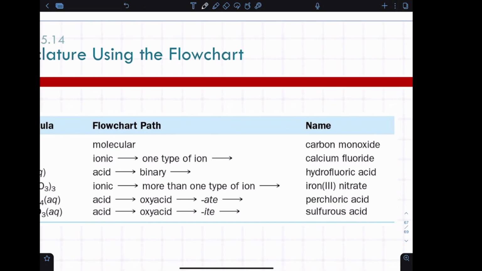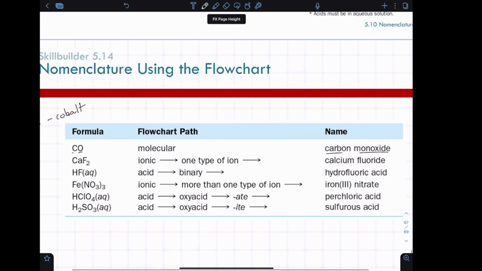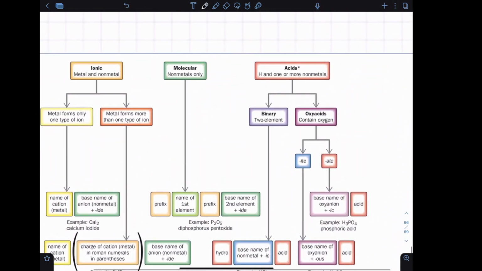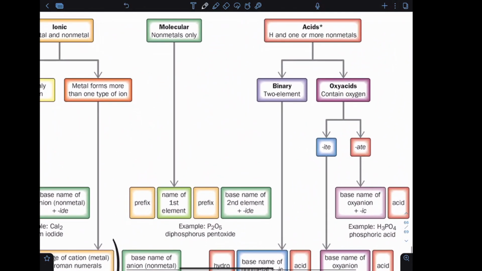And then we name it using that scheme. So carbon monoxide. If we go up here to the chart, you can see that for molecular compounds, we have a prefix and the name of the first element, and then a prefix and the name of the second element plus IDE.